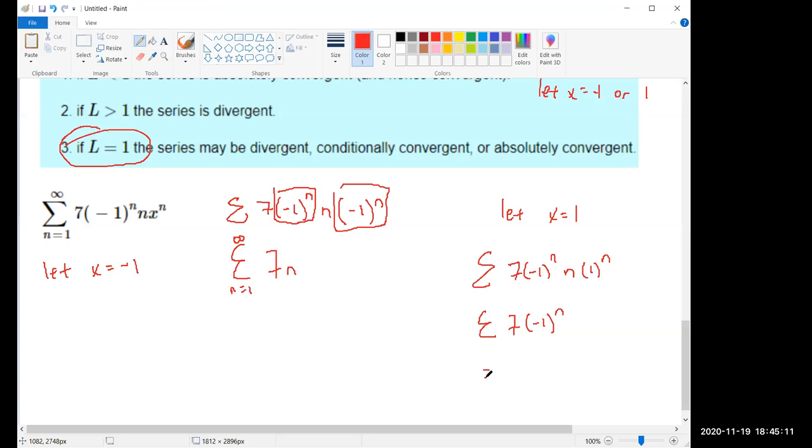If I list out what this series is, n starts at 1 to infinity. When n is 1, we get -7. When n is 2, we get +7. And then -7, and then +7, -7. Is this convergent or divergent?